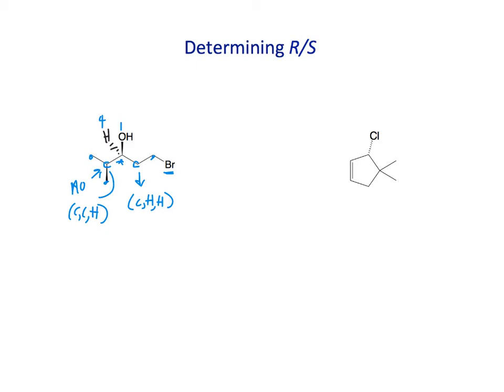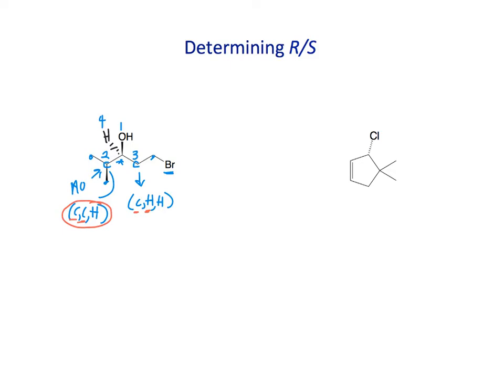All right, now we compare. We start at the left because we put the highest atomic number atoms to the left. Carbon compared to carbon, still a tie. We go to the next one, carbon versus hydrogen, so this has a higher ranking. So this is going to be ranked number 2.